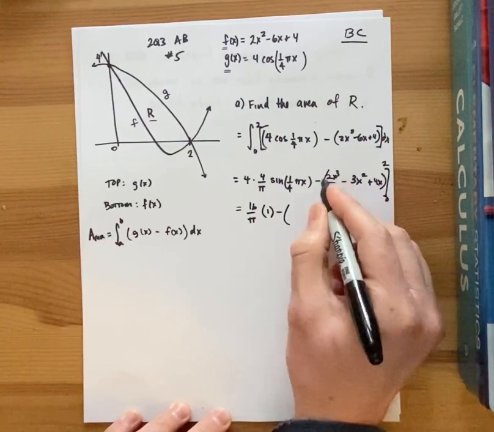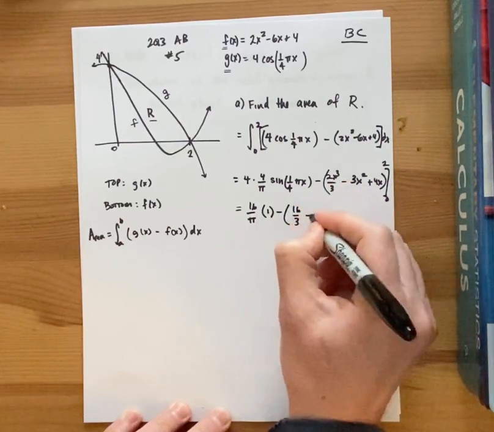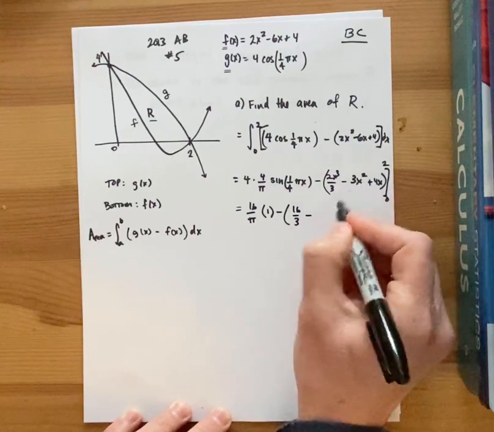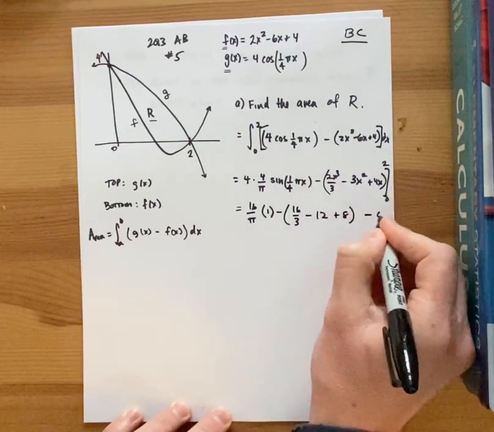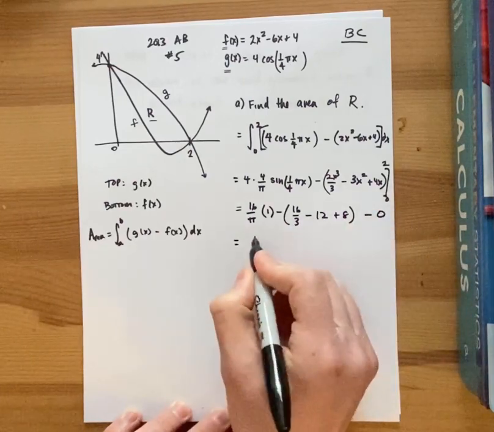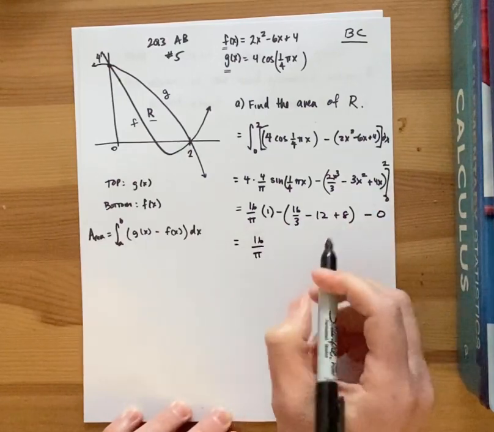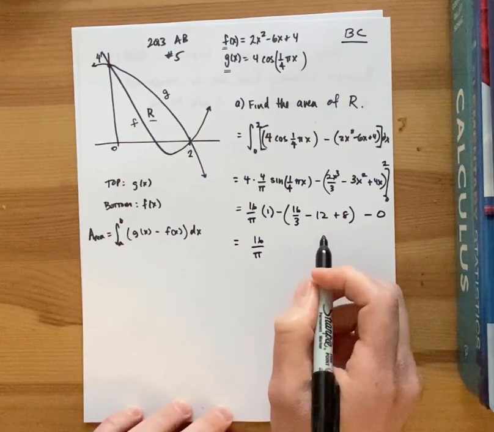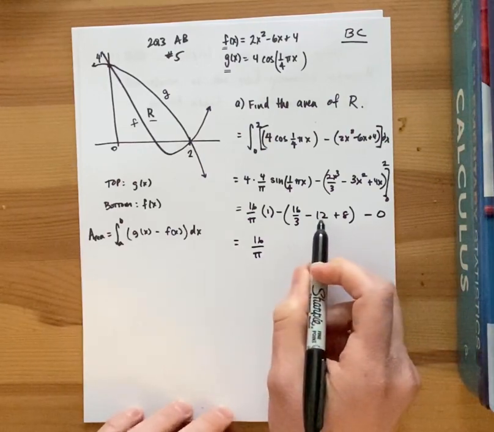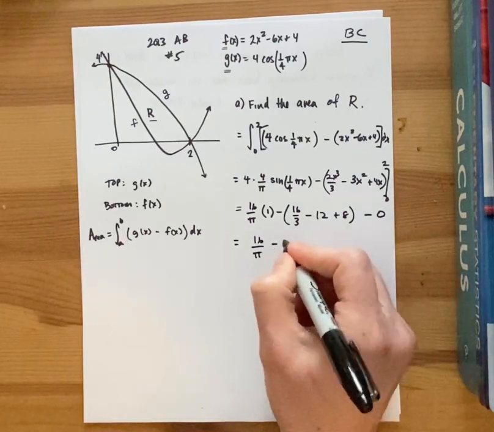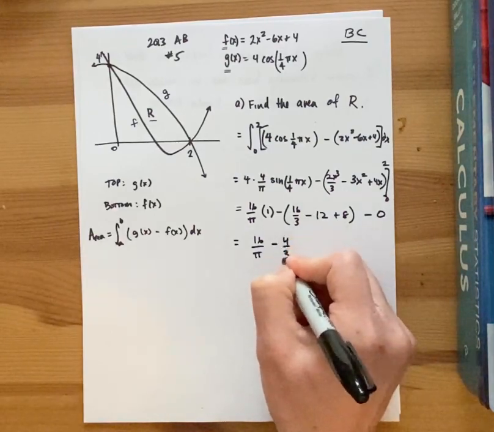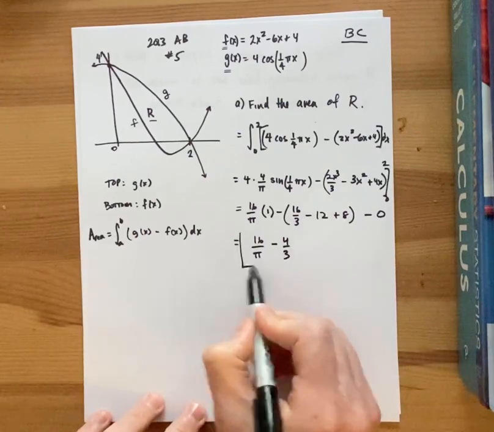I'll get 8 times 2, 16 thirds, minus the 12 plus 8. And then, yes, it would have been minus 0 if you plug in the 0. So this is 16 over pi, and that would be 4 thirds minus 4 thirds. And you can leave it like that.